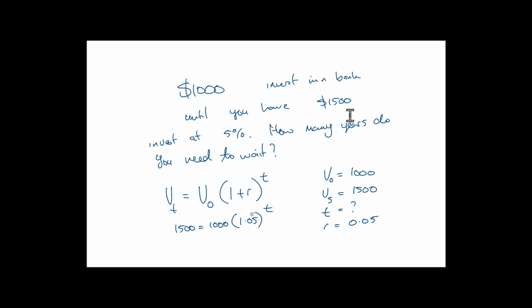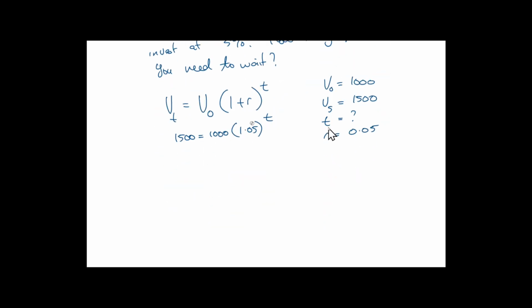Well, let's go as long as we can without needing to work that out. So let's divide both sides by 1,000. So that's going to be 1.5 equals 1.05 to the power of t. Now I want to bring that t down. If only there was something that could help us do that. Let's just take a log of both sides. So log base 10 is fine. In this case, log of 1.5 is going to be equal to log of 1.05 to the power of t.